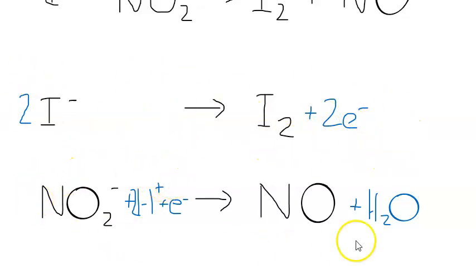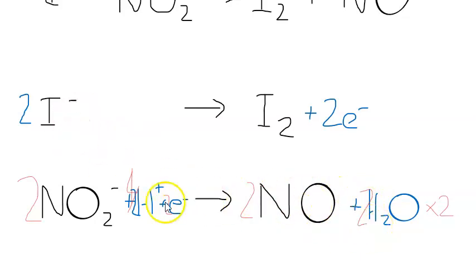If I multiply this half equation by 2, I'll choose red as the multiplication one. So if I multiply this by 2, then I'm going to have 2 NO2 minus ions, 4 H plus, 2 electrons, 2 NO, and 2 H2O.